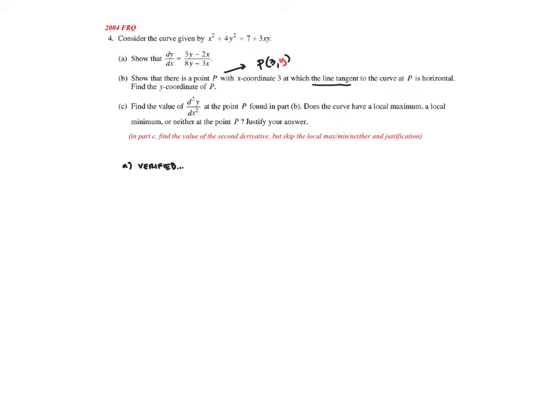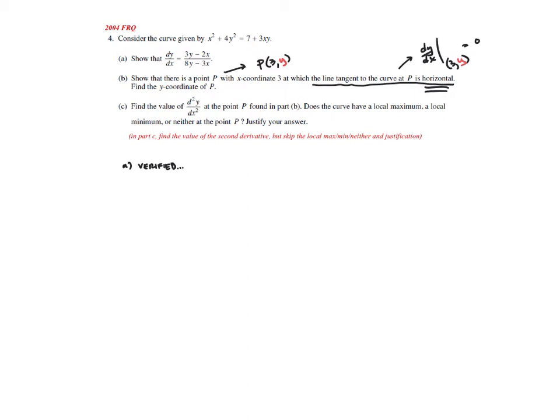If the line tangent to the curve at P is horizontal, that means dy/dx at this point, whatever this point is, equals 0. I don't know the y value yet, but horizontal means the tangent line has a slope of 0, I should specify.